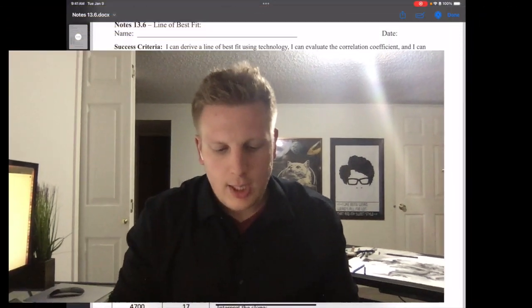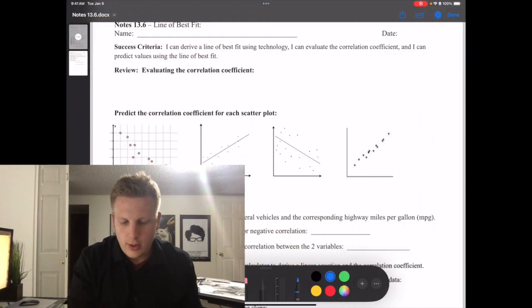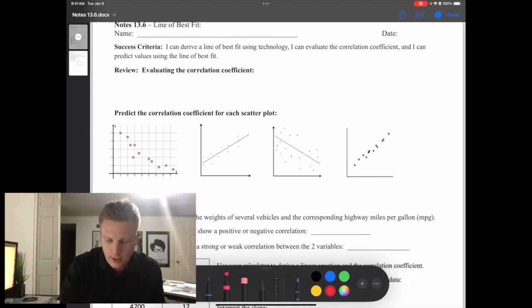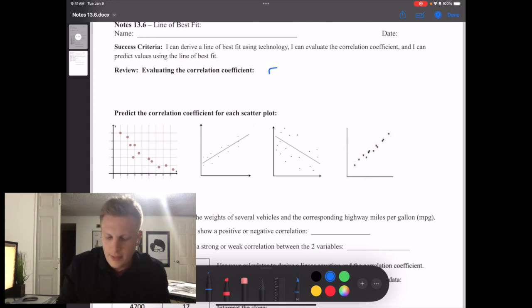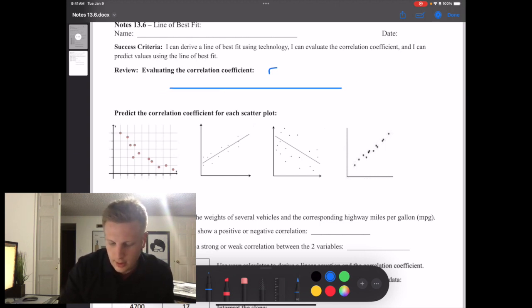So I'm going to jump down to my notes here, and we're just going to remind ourselves that our correlation coefficient is represented with the variable r. Now, when I'm thinking of this variable r, I'm thinking of a nice long line, where at one end I've got my -1, and the other end I have my +1.